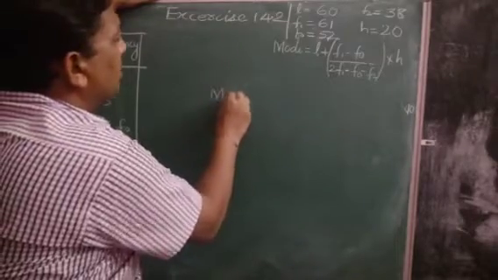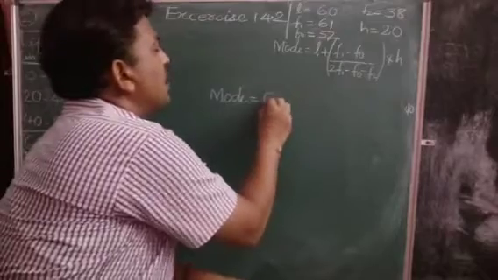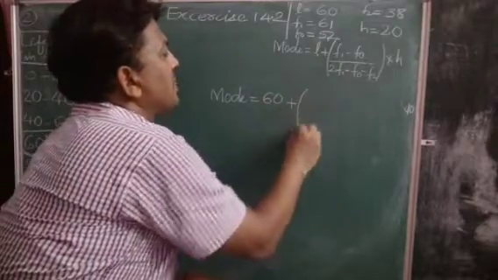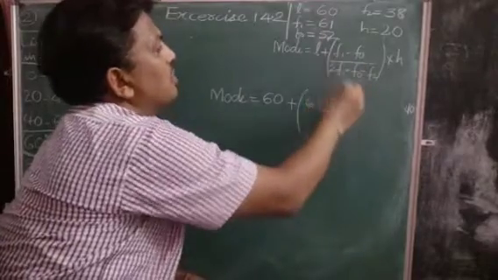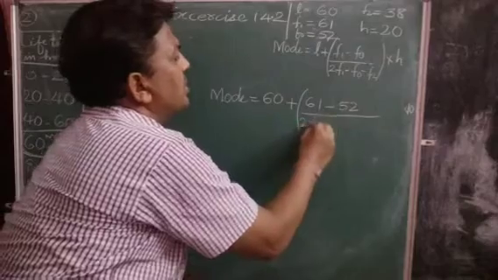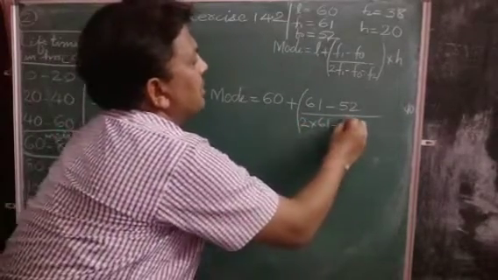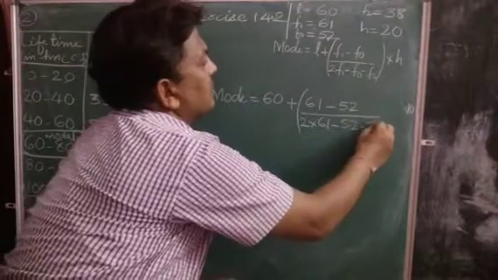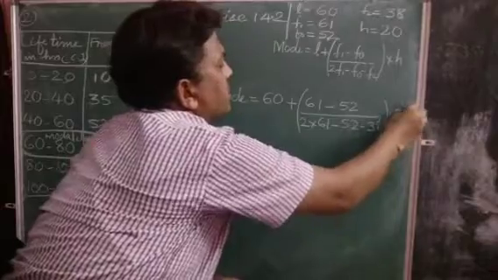So mode is equal to L plus, in place of L, how much value? 60 plus F1 61 minus F0 52 upon 2 into 61 minus F0 52 minus F2 38, whole into 20, children.